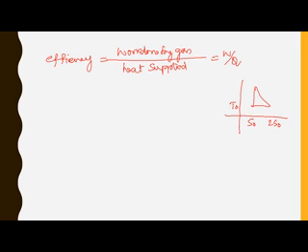Here T naught, 2 T naught. These are the points A, B, C. Okay. First, draw the work done by the gas. Work done by the gas in a TS diagram means the area under the curve. The area under the curve BC.